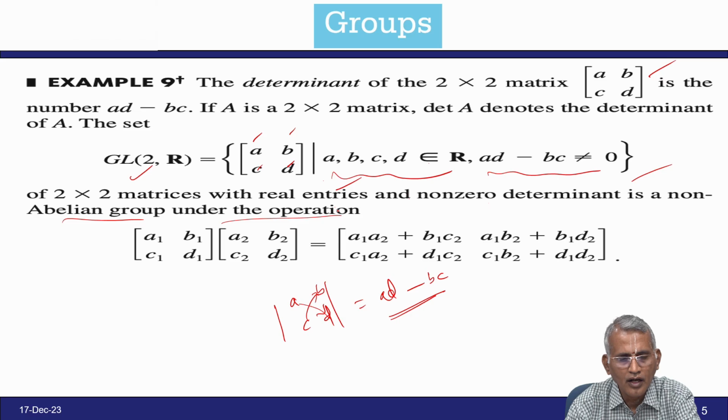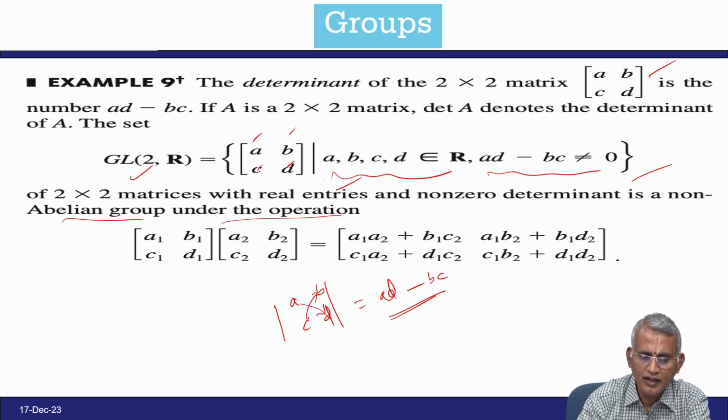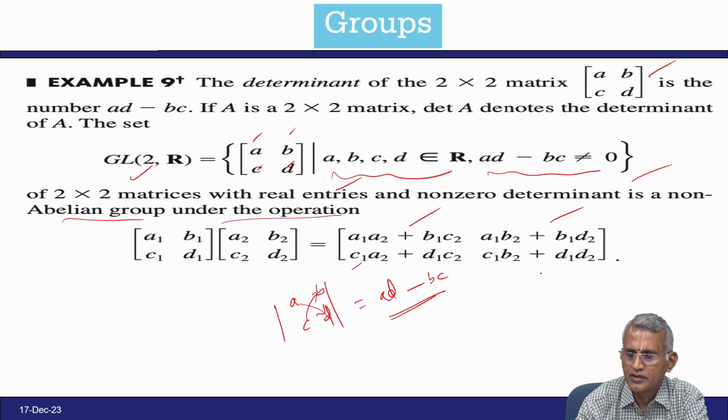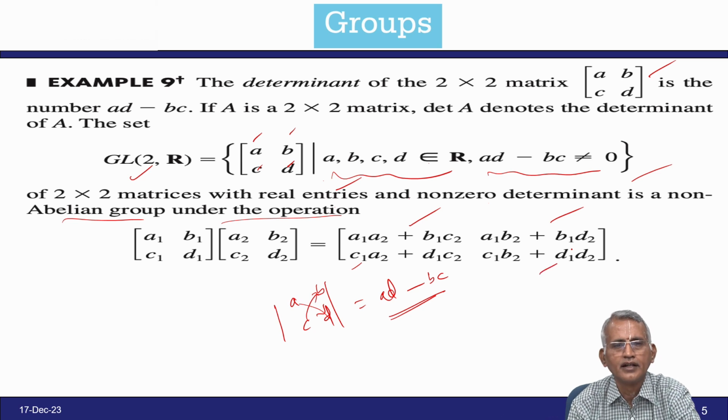When you multiply the two matrices, first row into first column gives the first entry, first row into second column gives the second entry, and so on. So this is matrix multiplication of two matrices.